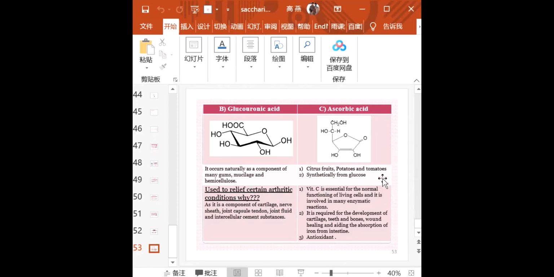And it can also be synthesized from glucose in industry. This is a natural source, and this is from industrial synthesis.